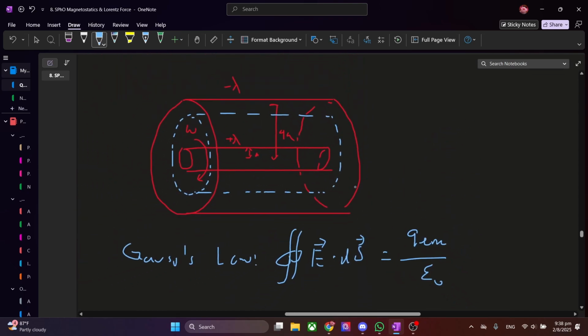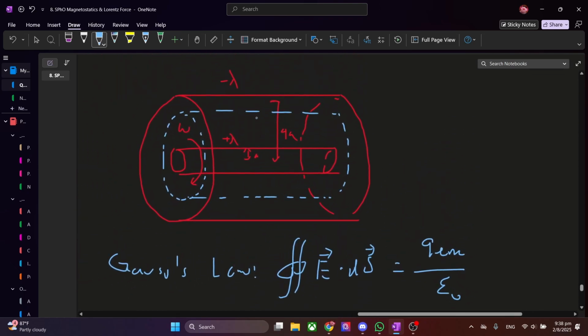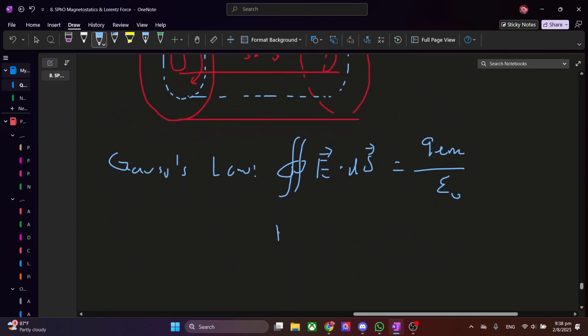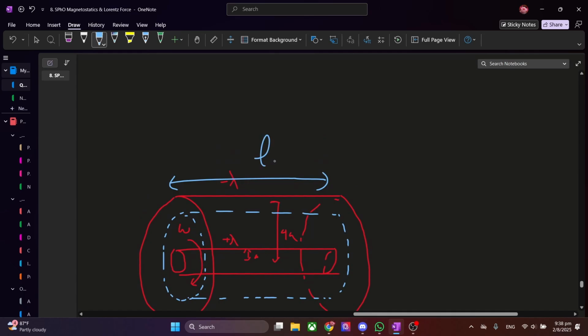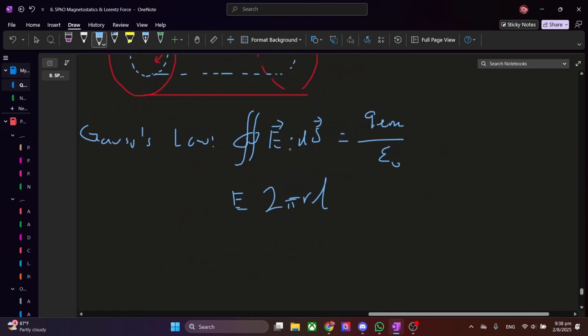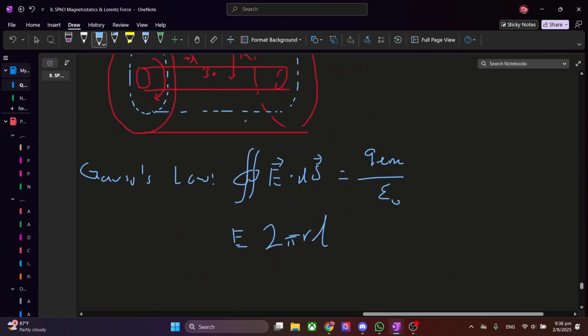So we have the electric field radially outwards, it is the same everywhere and points along the direction of dS. So this integral simply evaluates to E multiplied by the area of this cylinder, which is 2 pi r L. Yes, this is the length L. I know it's infinitely long, but we're just considering some small segment.